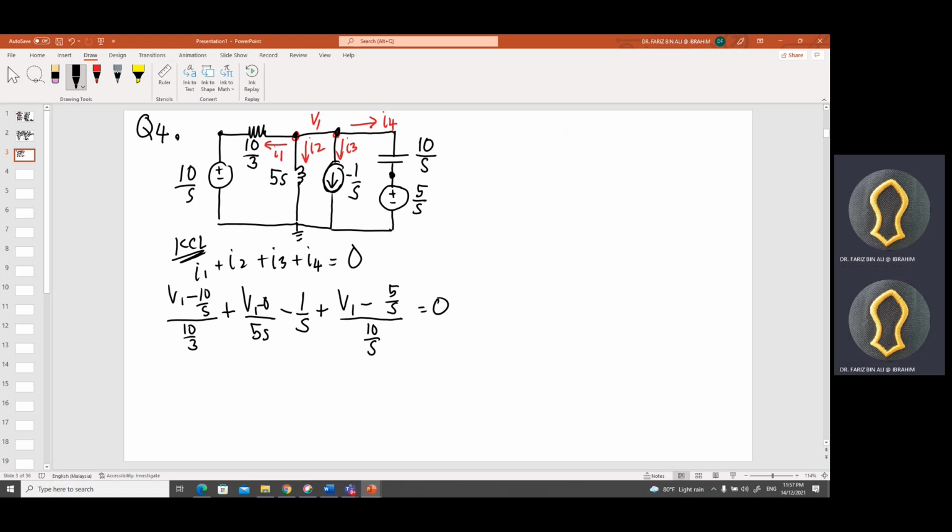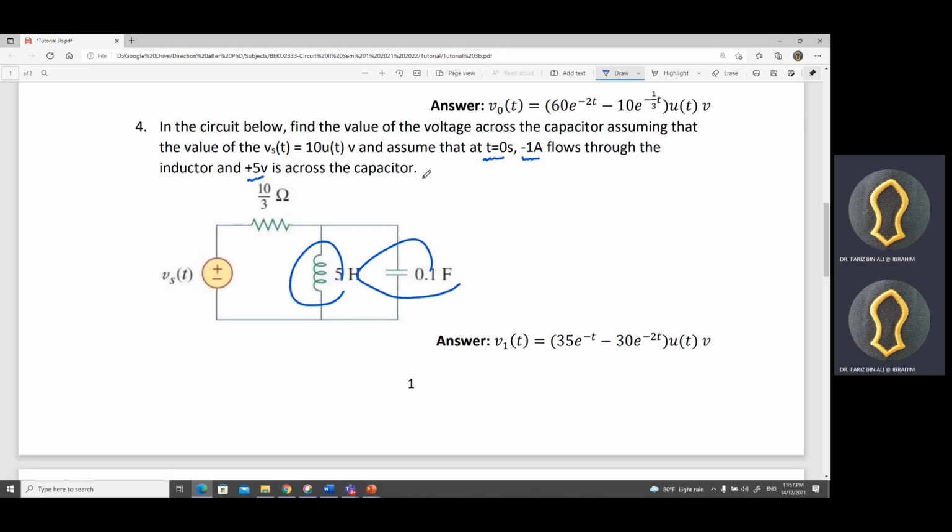All right. So this is the KCL equation. As you can see here, we have only one unknown parameter, which is V1. So I can get the value of my V1. Before that, we need to know what the question asks us. Find the value of the voltage across the capacitor.